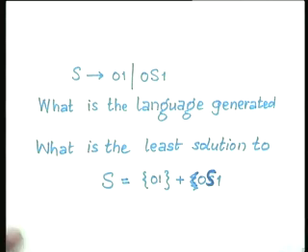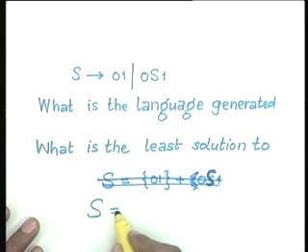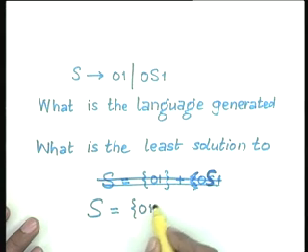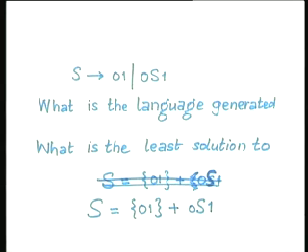Let me rewrite this properly. What is the least solution to this equation? That's what you are really asking. That's why equation solving is absolutely basic. Of course, I have used a very loose notation.